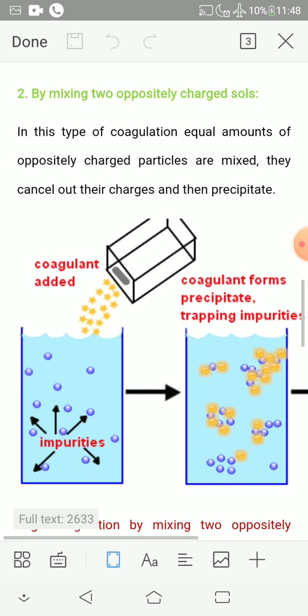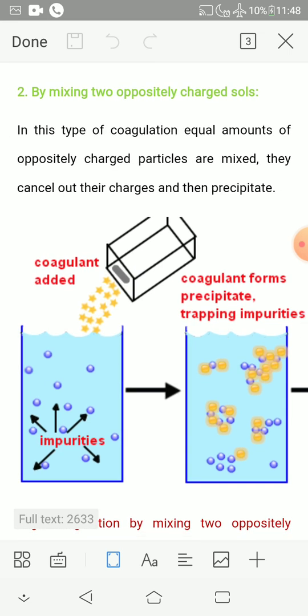Second, by mixing two oppositely charged sols. In this type of coagulation, equal amounts of oppositely charged particles are mixed, and they cancel out their charges and then precipitate.